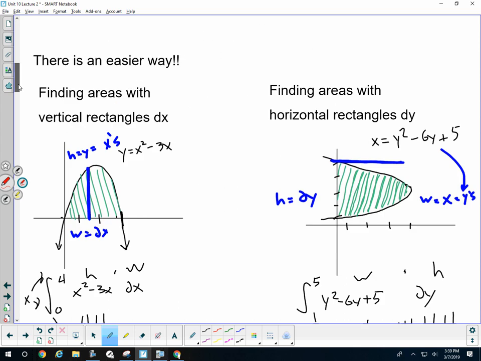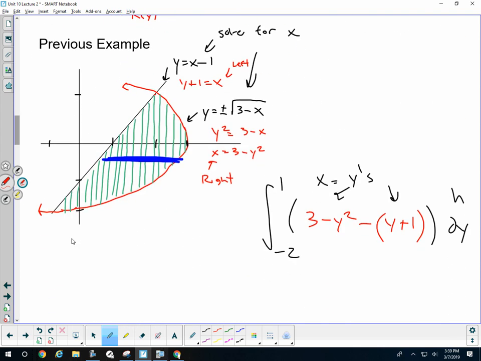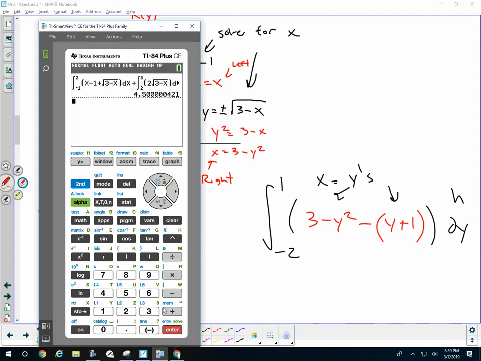Let's look at the other way that I calculated this area using one integral. Now, here's a good question. How do I type in y's? Well, if I wanted to, I could type in y's, alpha y, and then dy, but there's no point, okay? It will produce the same as if I just replace these y's with x's.